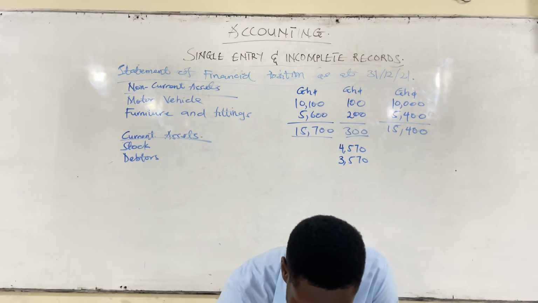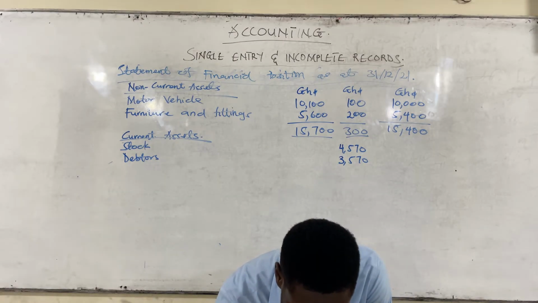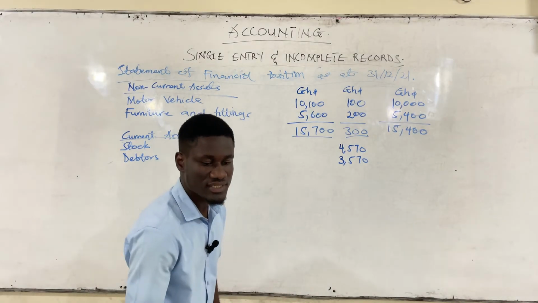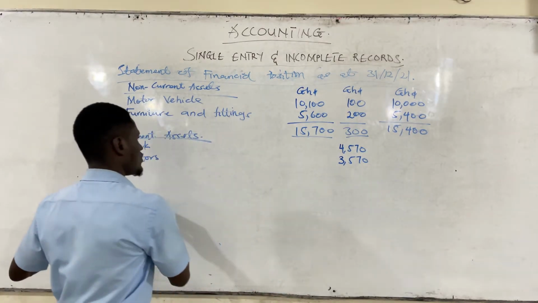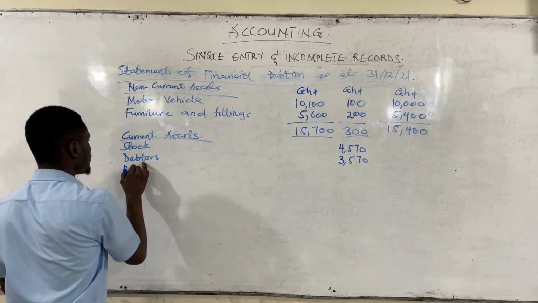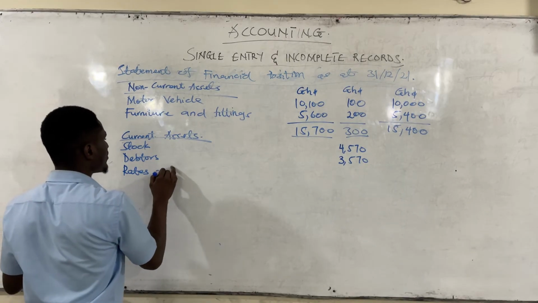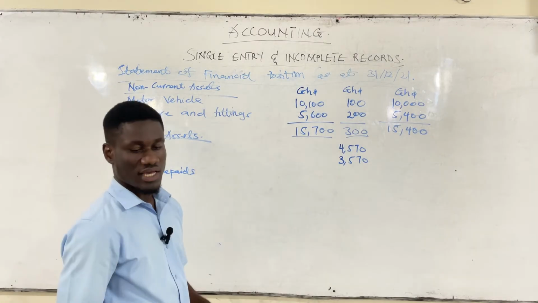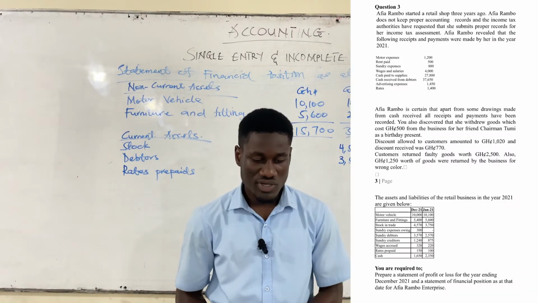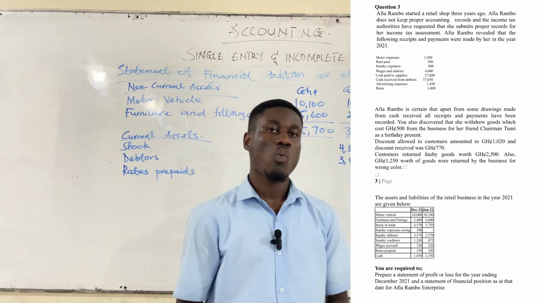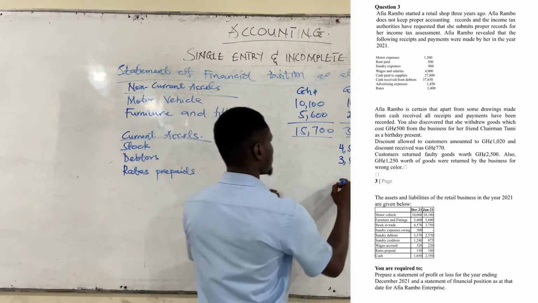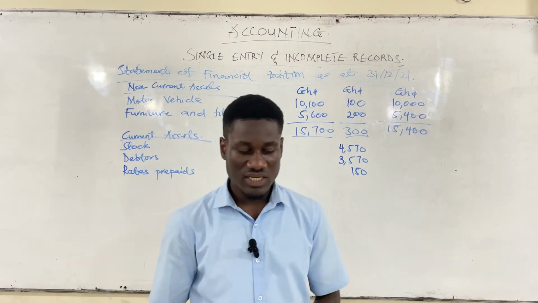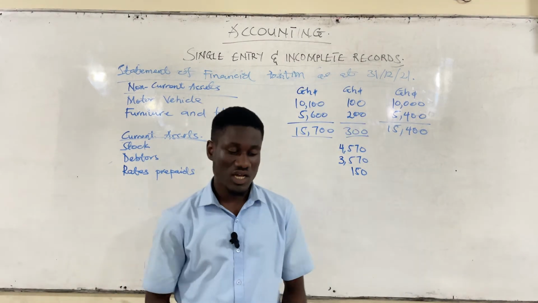Good. So let's check if there's any current assets again. We have rates prepaid. We know that for expenses prepaid, they are always current assets. So our rates prepaid is going to be 150. So let's check if there's any current assets again. We have cash.